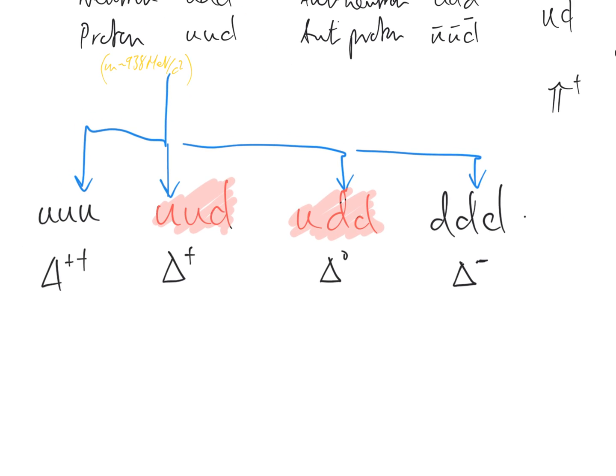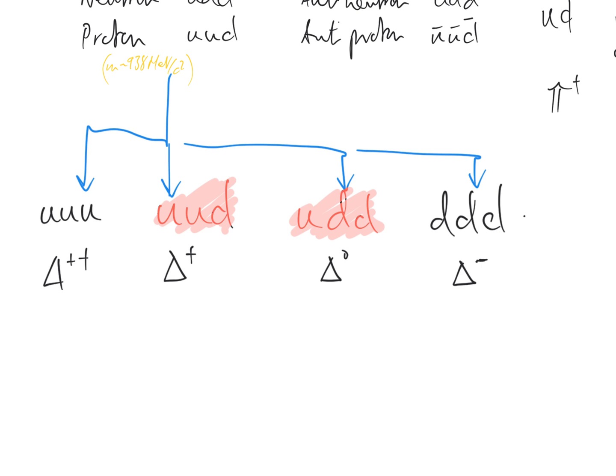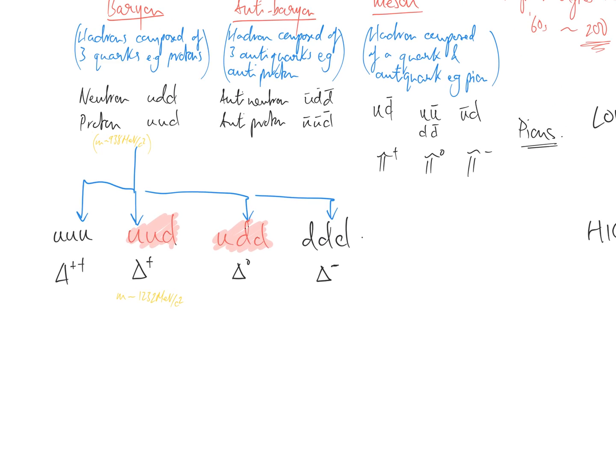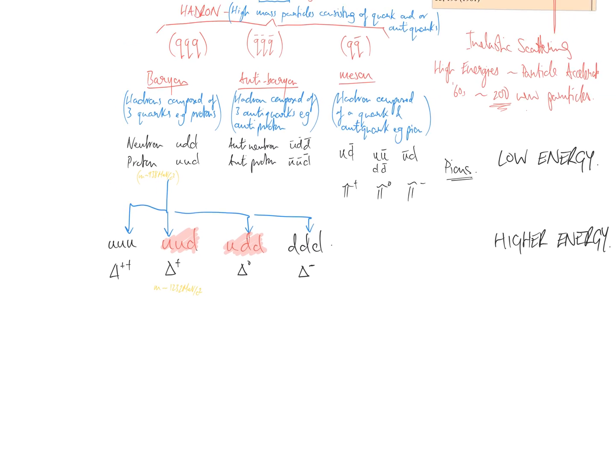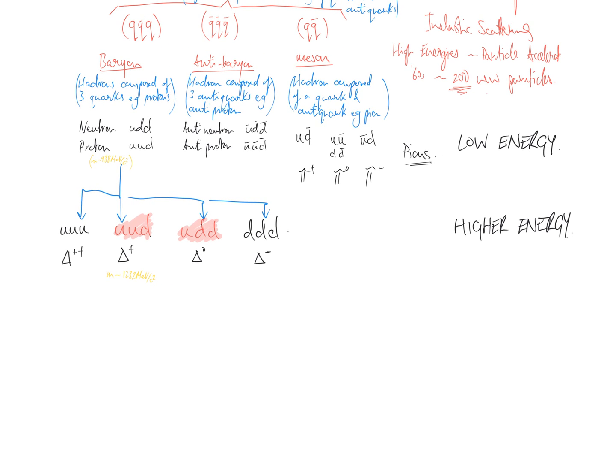Then the sigma plus, which looks like a proton mass, is approximately 1232 MeV per c squared. So they are different particles, but higher energy. So these exist as our high energies, whereas these all exist as our low energies.